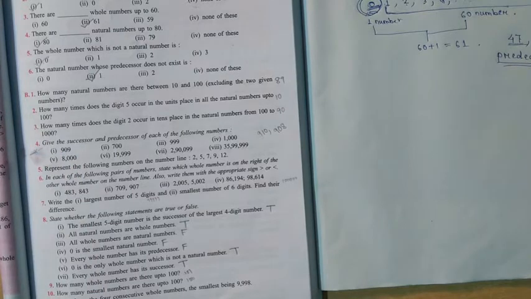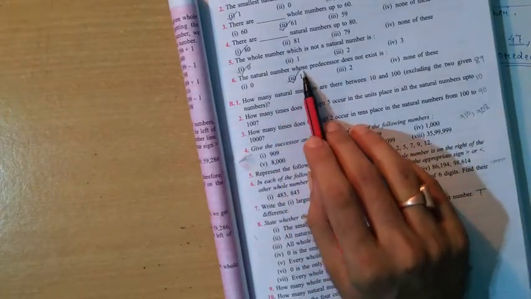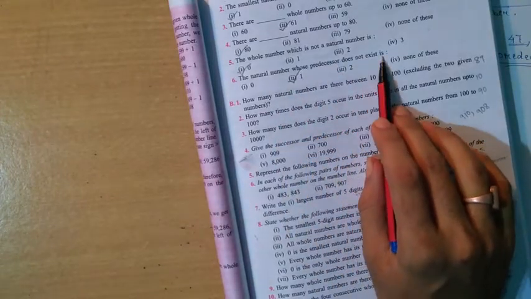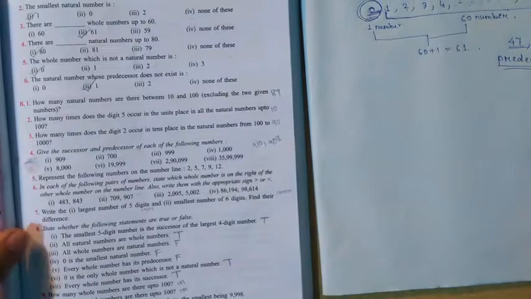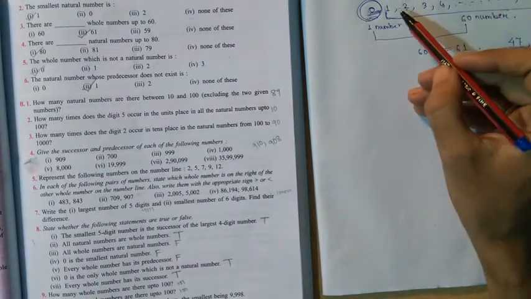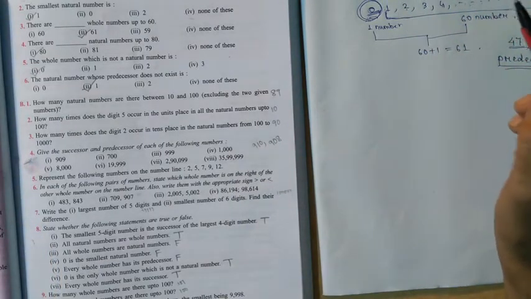So when we are asked the successor and predecessor of any number, we can tell. For example, the predecessor of 61 will be 60, and the successor of 61 will be 62. Similarly here, the natural number whose predecessor does not exist. We have been asked to write a natural number which doesn't have any predecessor.